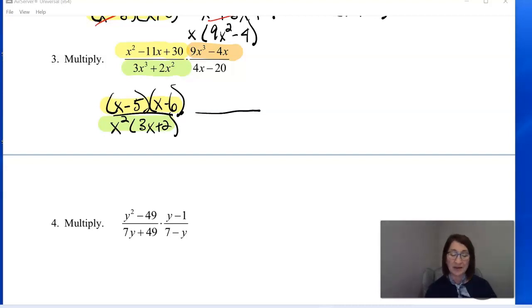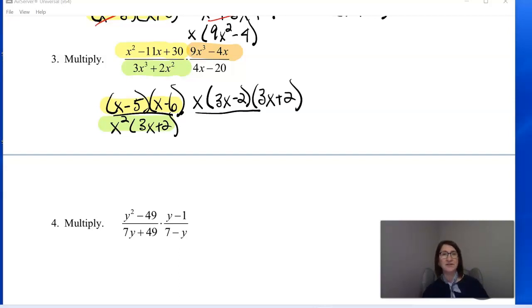So in factored form, this is x times 3x minus 2 times 3x plus 2. Well, that's pretty nifty. And then lastly, we can look at that denominator where we can take out a 4, and then we're left with x minus 5.